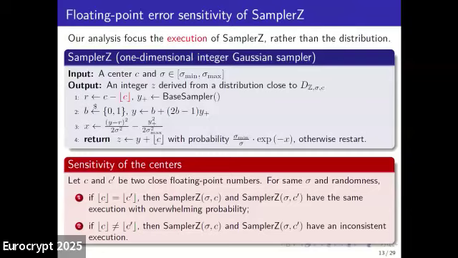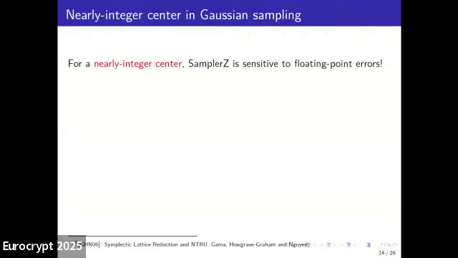If the floor of c is equal to the floor of c prime, then the two executions of SamplerZ with respect to the centers c and c prime have the same execution with overwhelming probability. And if the floor of c is not equal to the floor of c prime, the two executions are inconsistent. So for nearly integer centers, SamplerZ is sensitive to floating point errors.